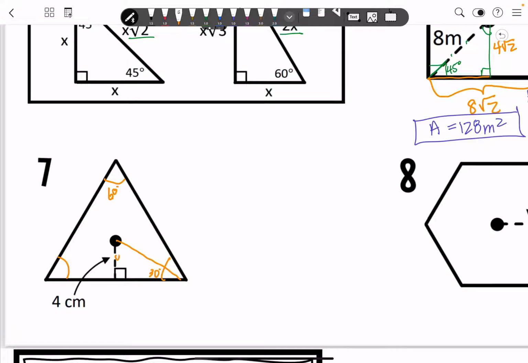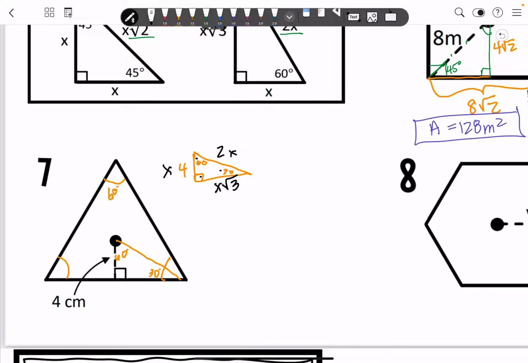And this is going to be a 60. So let's draw our 30, 60, 90. Okay, and we've been given this length. I want you to label that special right triangle. All the 2's on the hypotenuse. This is the shortest side here. And then this becomes x square root of 3.